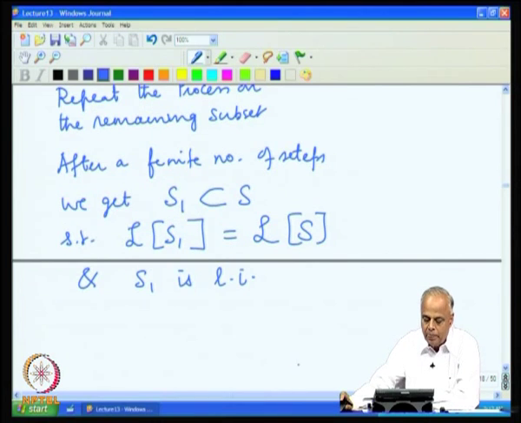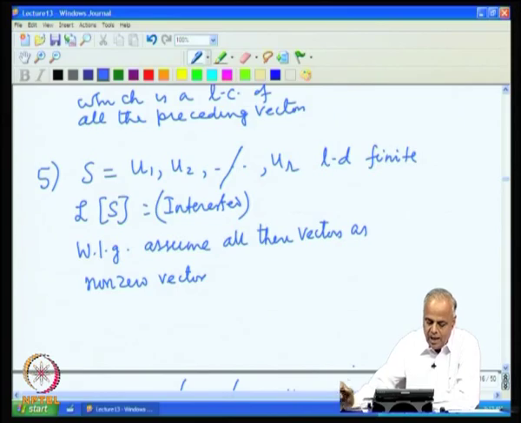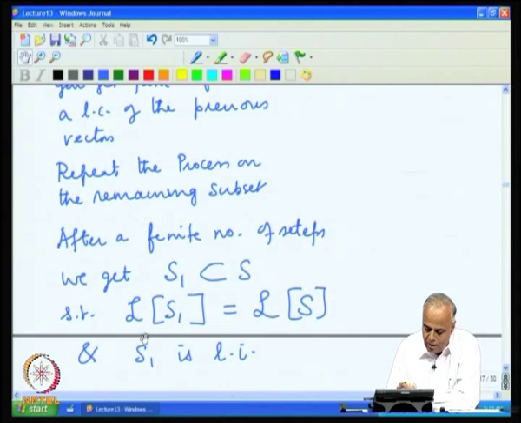So therefore the conclusion is that if you have a finite set S which is linearly dependent, then the subspace spanned by S can also be spanned by a subset S1 which is linearly independent.